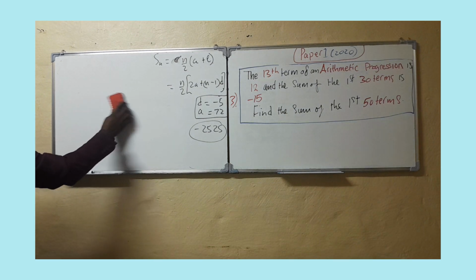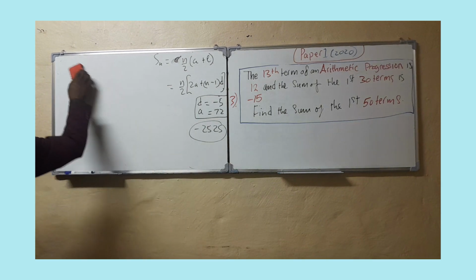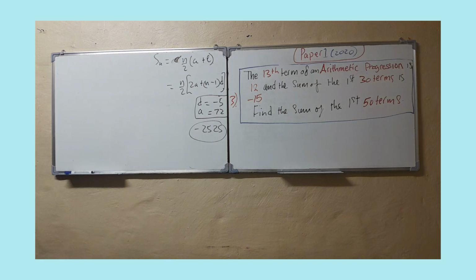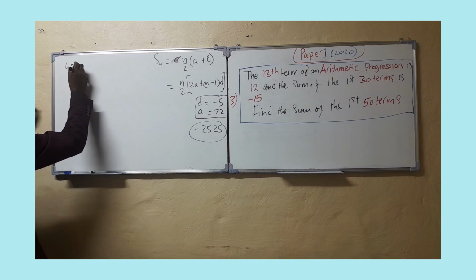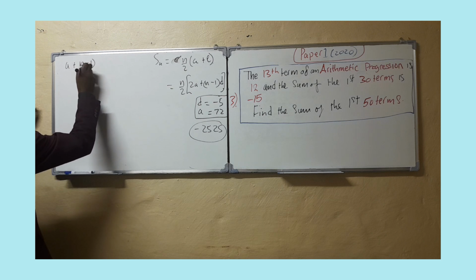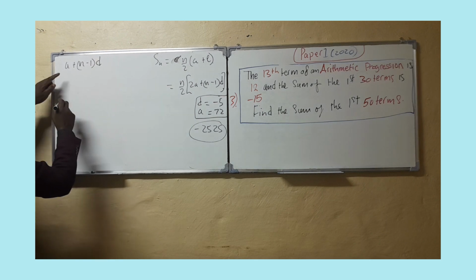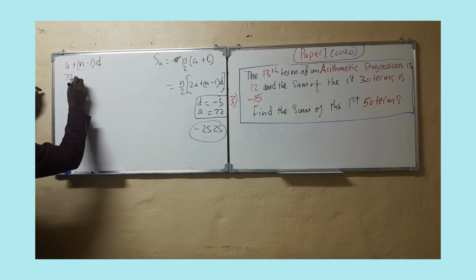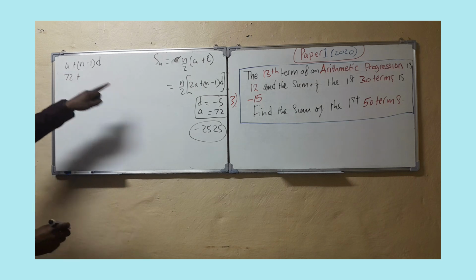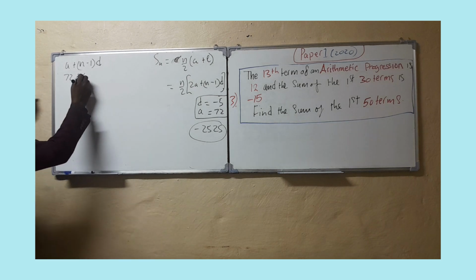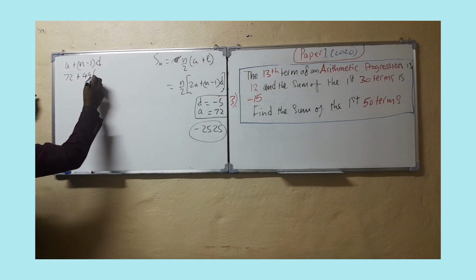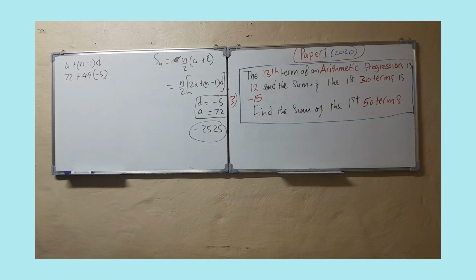Of course, we know our a is always 72 there. So, but what is the last term? The last term is given by a plus n minus 1 d. Our a, we said it's 72, and there are 50 of them, so this is 49 multiplied by our d is minus 5. So that gives us what?